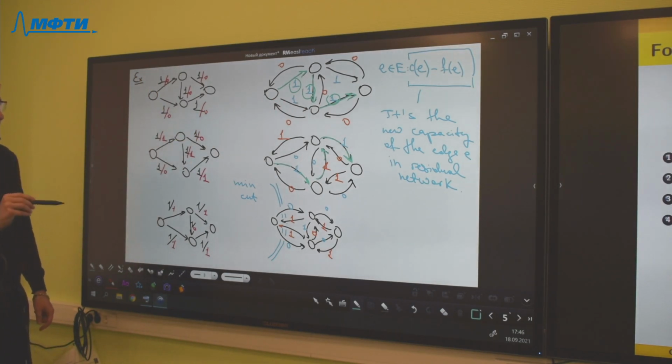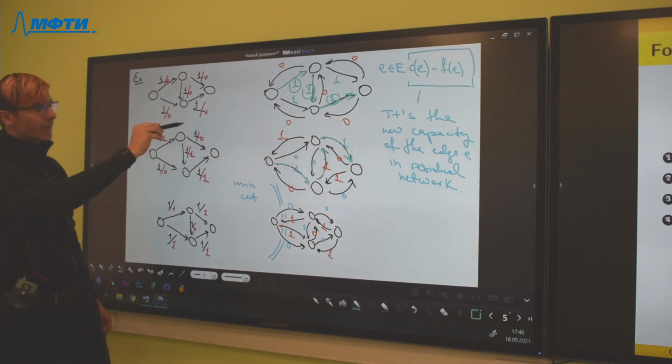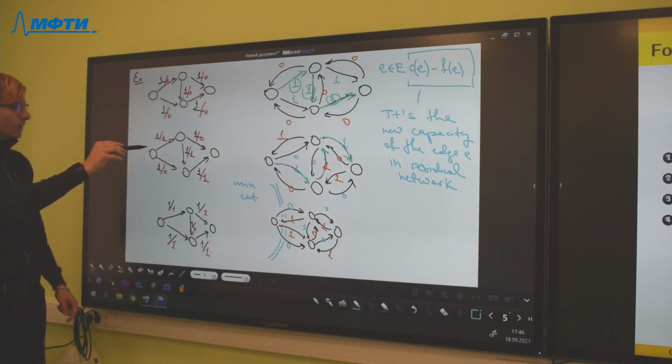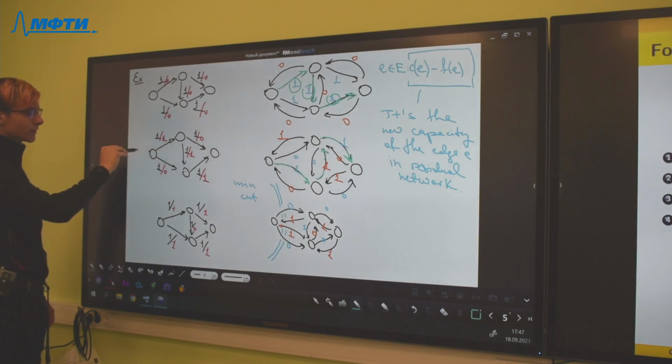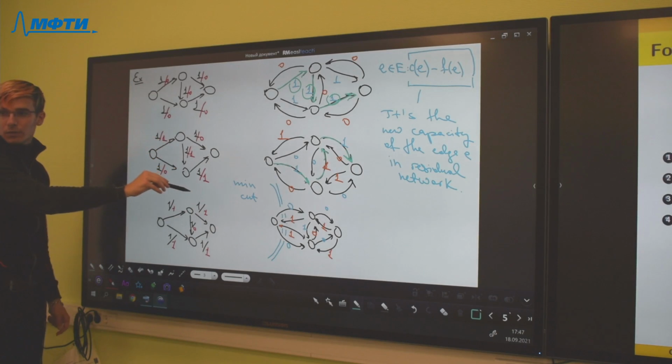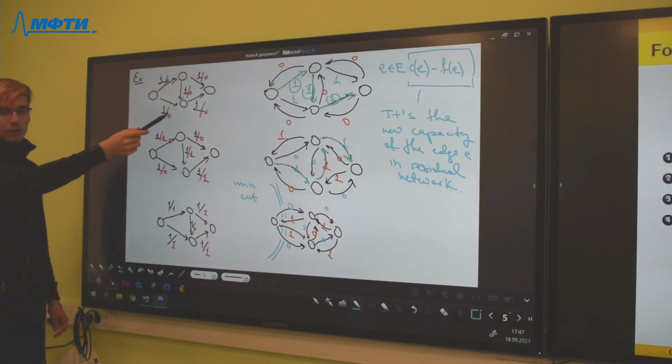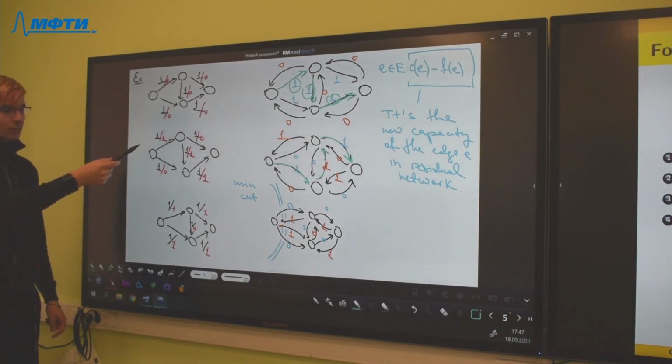So we say that we can increase our flow using this path, and increase the flow on these edges, by the augmenting path. Yes.